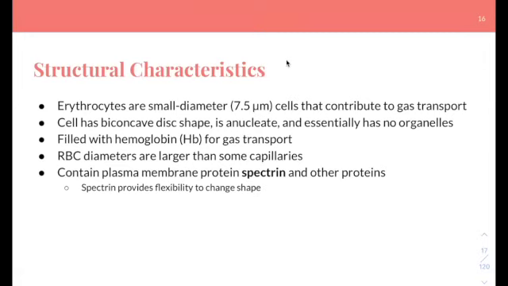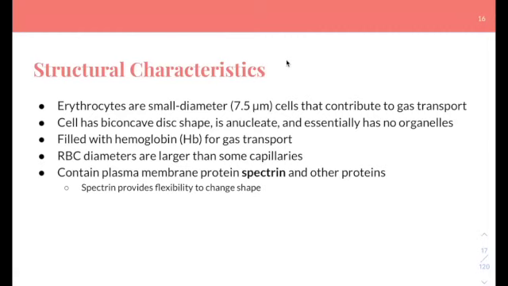The cell has a biconcave disc shape and it's anucleate. A means there's no nucleus, and it has no organelles. Its main function is to transport oxygen and carbon dioxide.